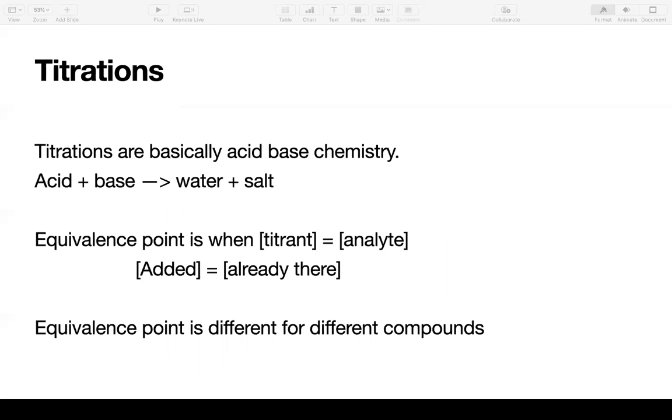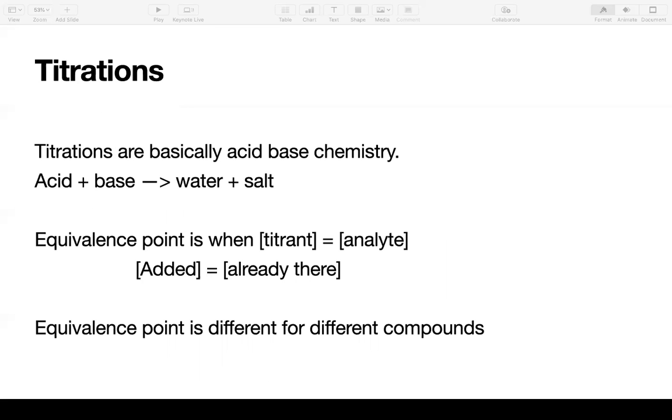The next thing that we're going to go over is titrations. So titrations are a ton of fun. So titrations are basically acid-base chemistry.